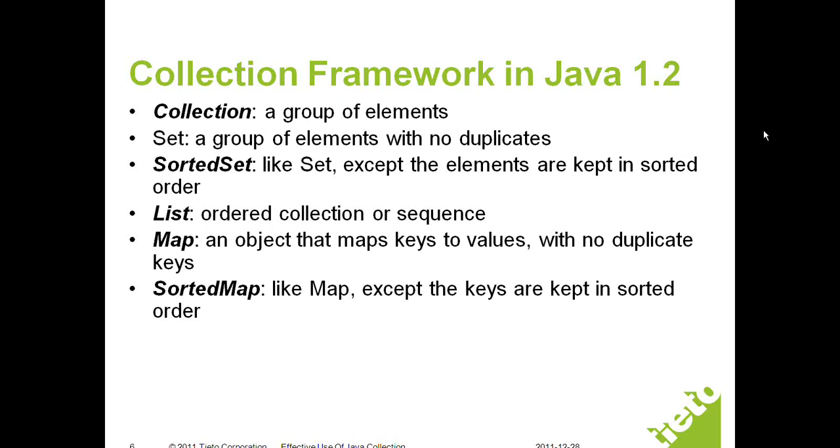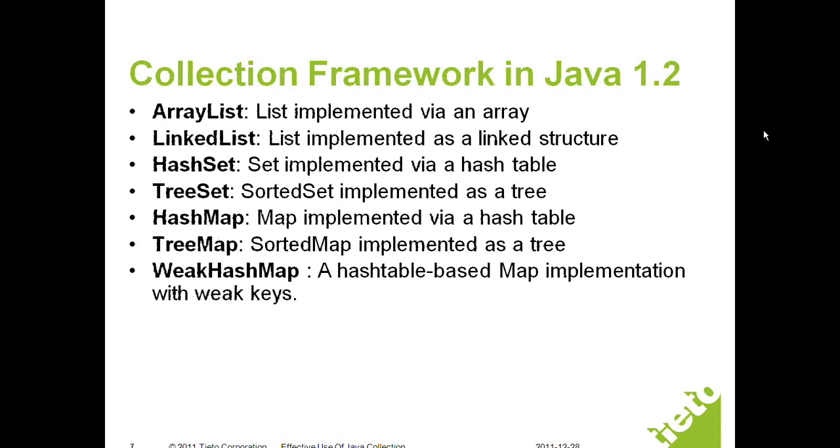Then we have certain implementations of these interfaces. ArrayList is a list backed by an array. LinkedList is a list backed by a linked list kind of structure. HashSet is a set implementation with a hashing algorithm, using a hash table.